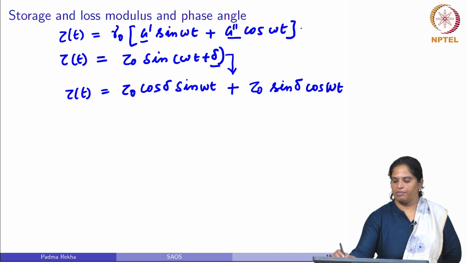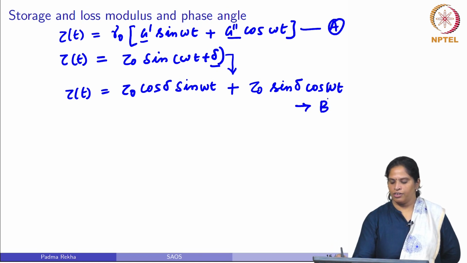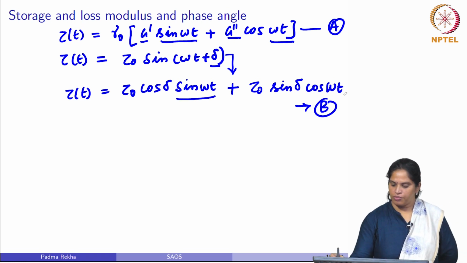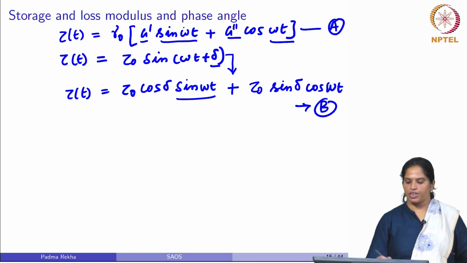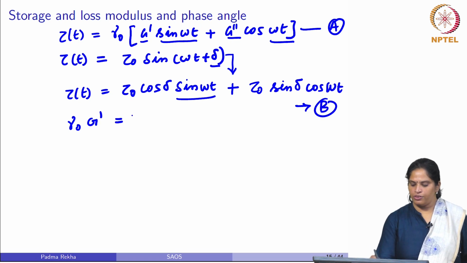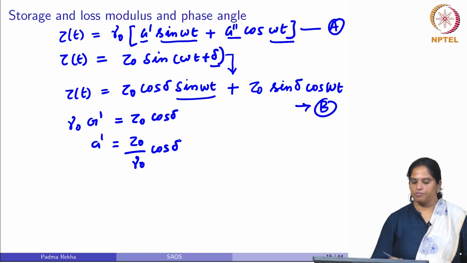Comparing the equation, suppose this is A and this is B, you can equate the coefficient of the sin omega t term. When you equate it, you get gamma naught G prime equal to tau naught cos delta, or G prime equal to tau naught by gamma naught into cos delta.